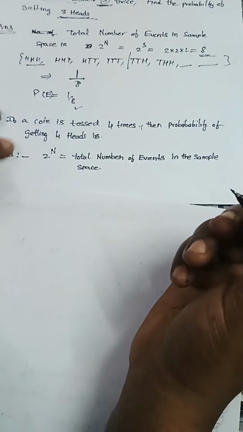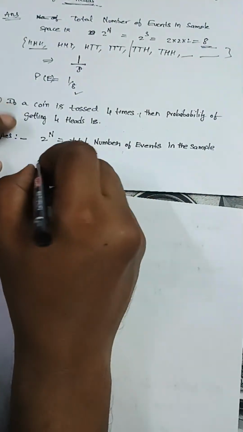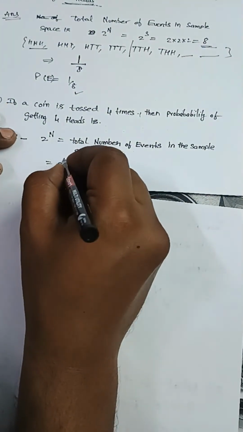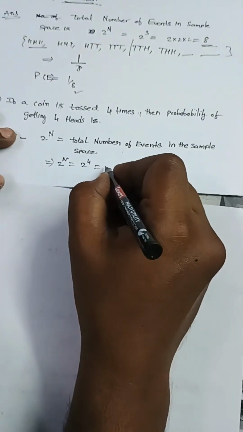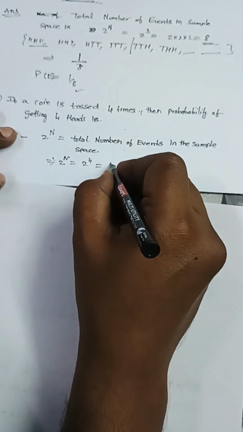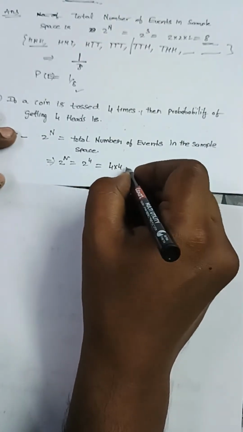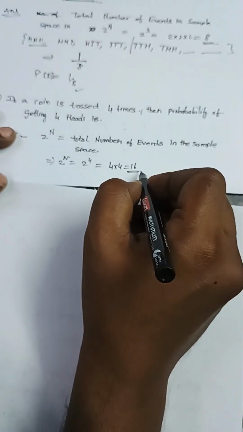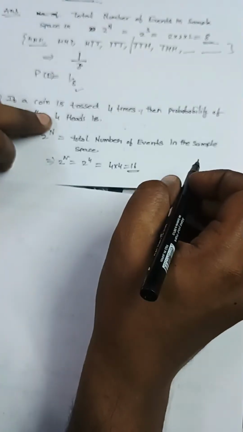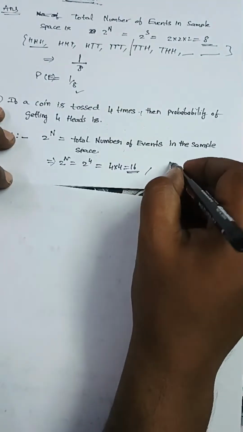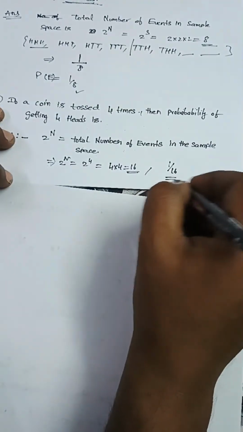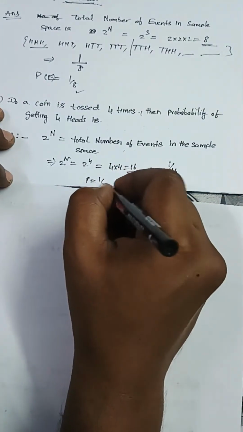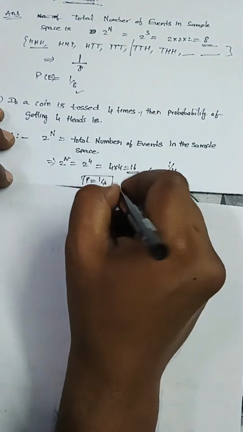Okay, total number of events in the sample space, which means 2 power n is equal to 2 power 4, which is nothing but 4 into 4, that is 16. So the total number of events is 16. Now it is asking 4 heads. So what is the probability? 1 by 16. So the probability is 1 by 16. This is the answer for this particular question.